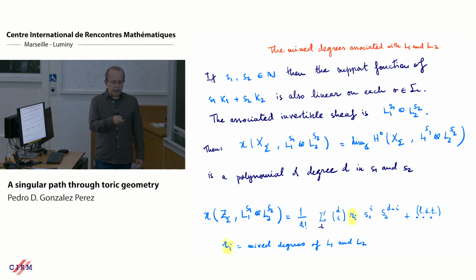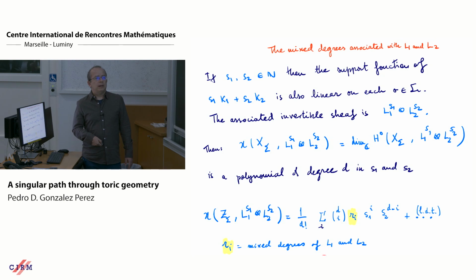And we can compute this dimension, taking this Euler characteristic, and this dimension is a polynomial of degree d in s1 and s2.